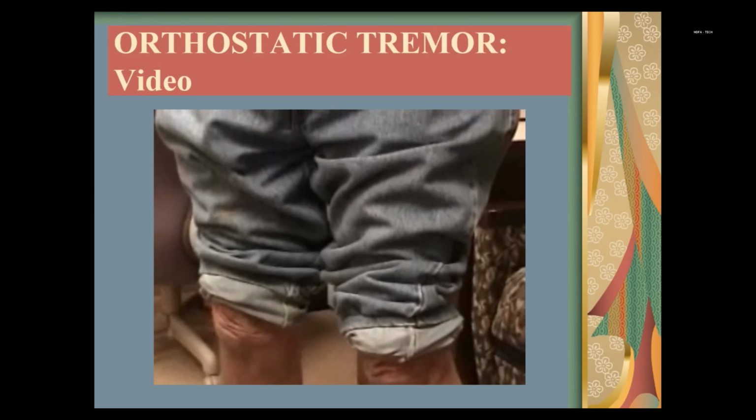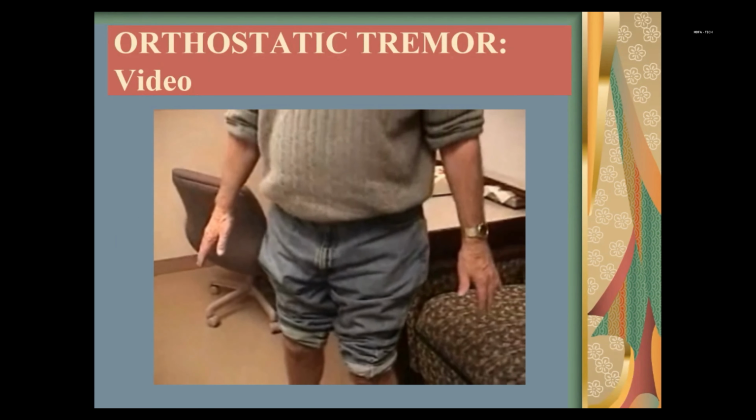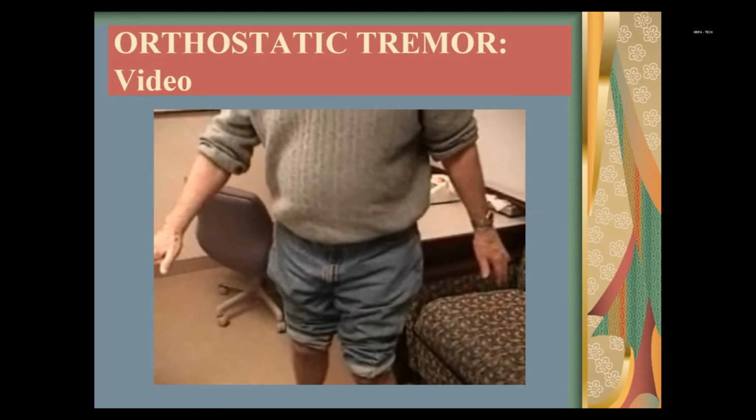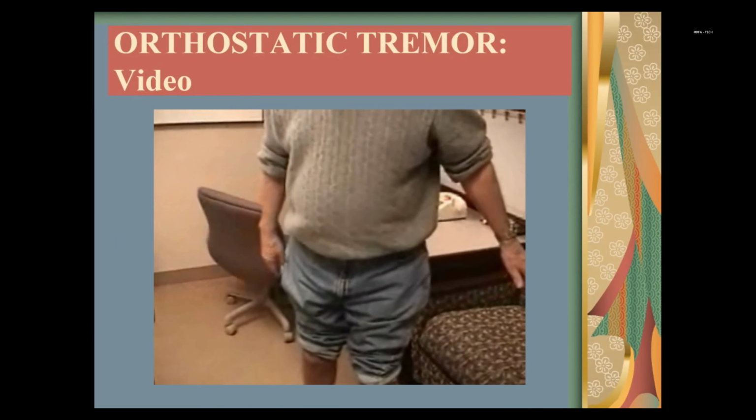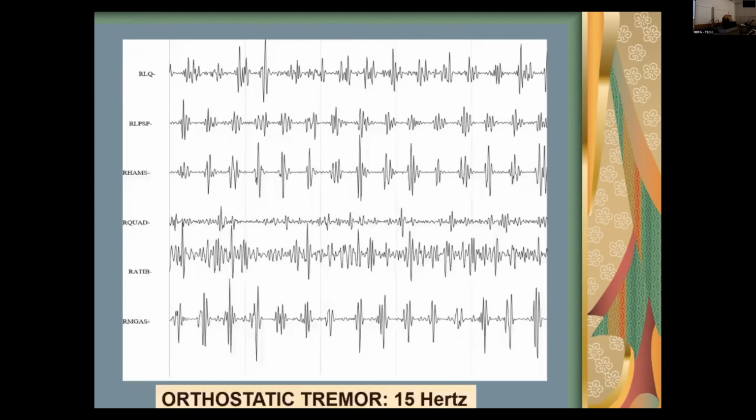So whenever I see this kind of tremor, and I measure it, and it measures 13 hertz or more, I diagnose the patient with orthostatic tremor. And this causes imbalance or difficulty standing in place. And if I measure this, again, if this is a 1 second spread, and these are the extremity muscles, so this is about 15 hertz right there. It's 15 hertz.